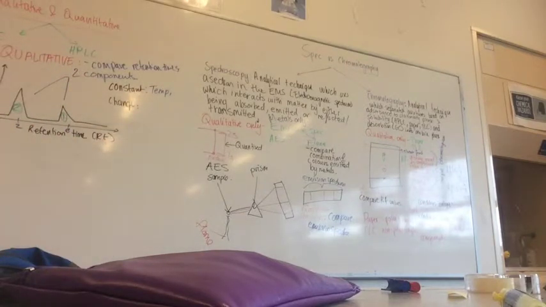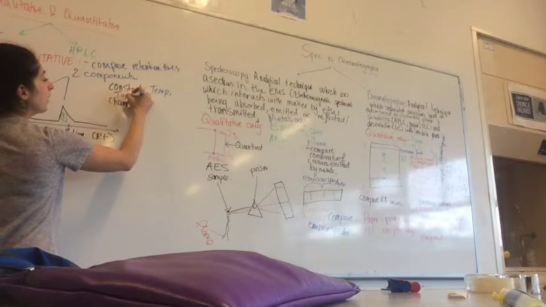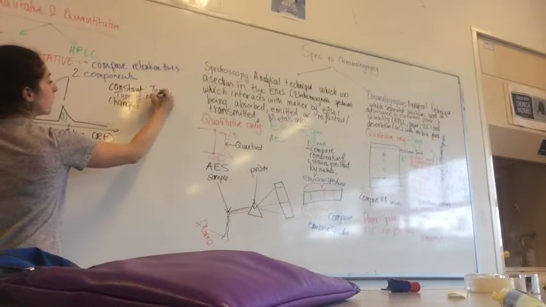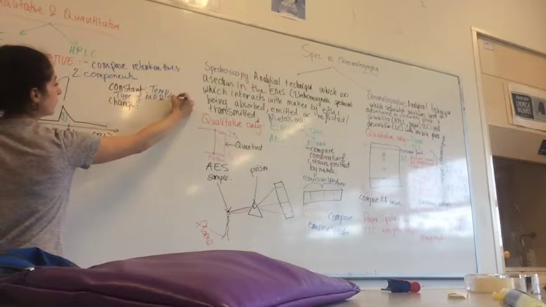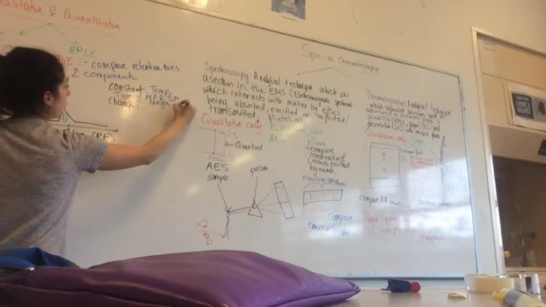You can't change the stationary phase length because why? Excellent. Because we're not looking at the proportion that the solvent goes compared to the components. So temperature, type of mobile phase and stationary phase, and also length of column.